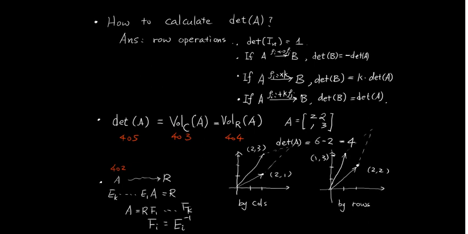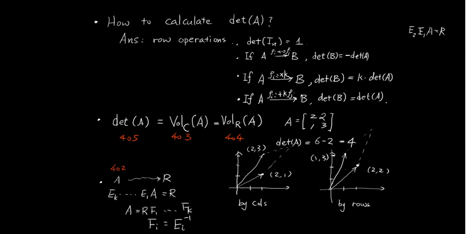Okay, this is important. So let me give you one example. You don't need to write it down, it's more important to just remember that when you do the cancellation, you have to be aware of the order, okay?